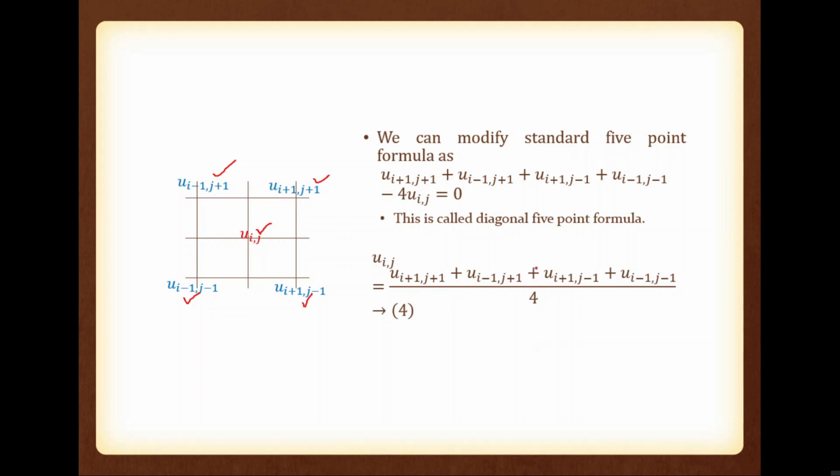That equation we can use. So please note down these 2 diagonal 5-point formulas, one for the elimination method and the second one for the iterative method. So please note down these 2 equations.